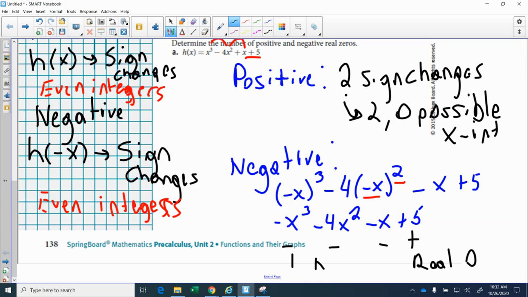Just like how this one now tells us how many positive real zeros I could have, this one down here is telling me how many negative real zeros I could have.